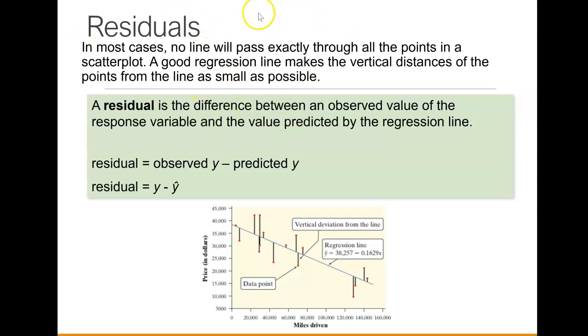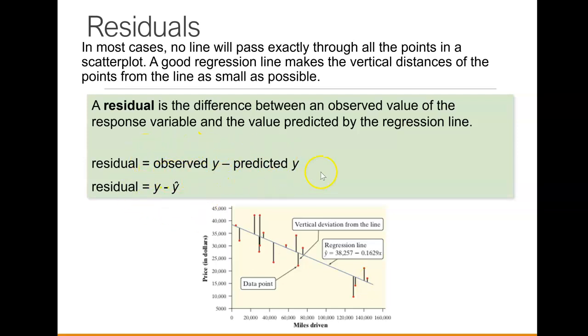So like, here's that data set before. Each of these vertical bars is the residual for each of the data points.